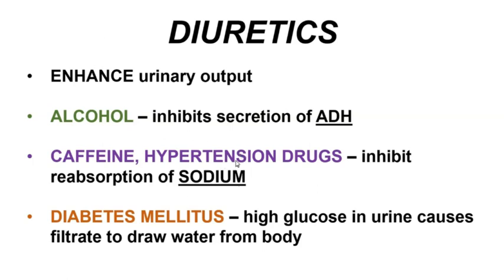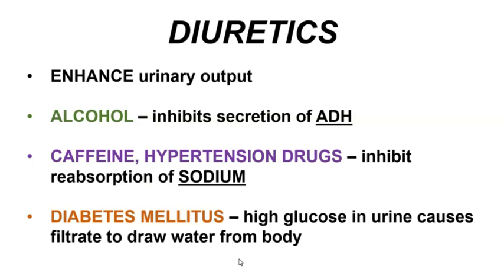In the case of hypertension, this works really well because if we're eliminating a lot of blood and fluid volume here, that means that our blood pressure is going to go down because our blood volume is going down. Other conditions like diabetes mellitus can act essentially as a diuretic because with diabetes mellitus, we see a lot of glucose being lost in the urine. So high glucose concentrations in the urine essentially does the same thing as if sodium were to remain in the urine.